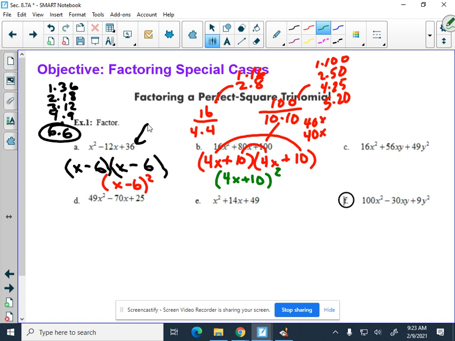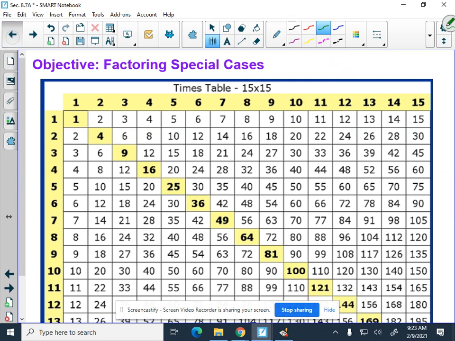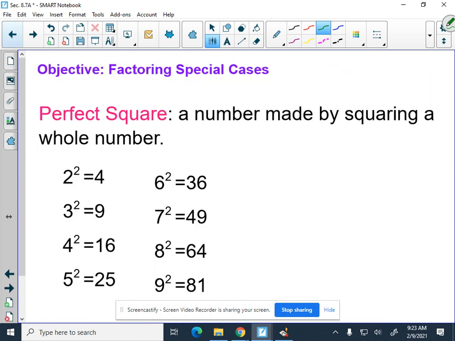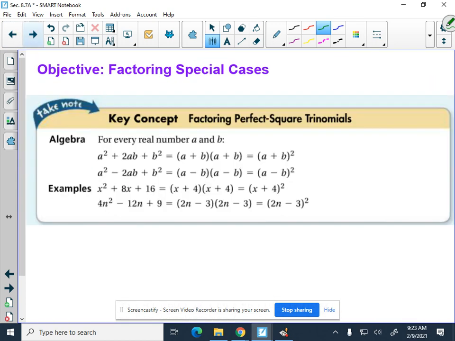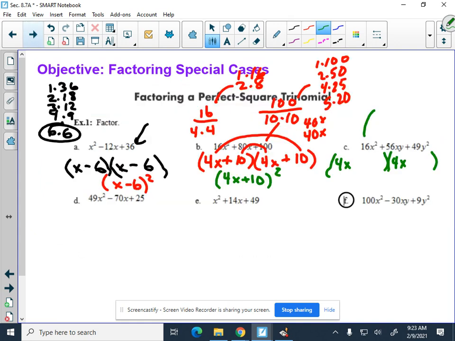All right. So the next one, 16 again would be 4x and 4x as a perfect square. 4 times 4 is 16. 49 is what times what? Again, if you wrote these down on the first page, 7 times 7. So we're going to try that first, and we're going to put a 7y and a 7y.